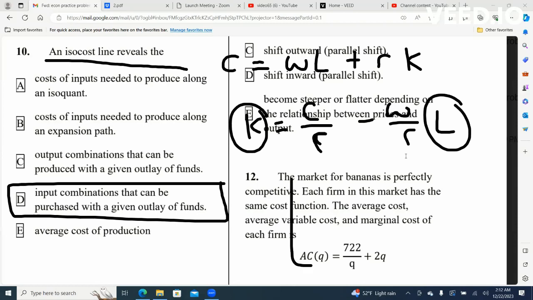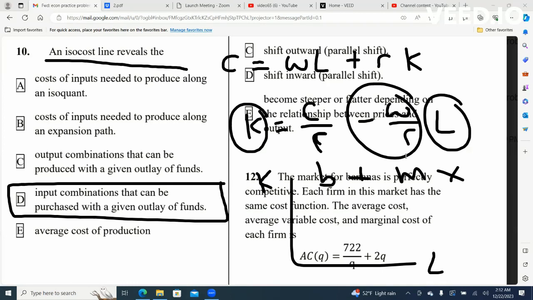If that's a Y equals MX plus B, then as we always know, that right there is going to be the slope.